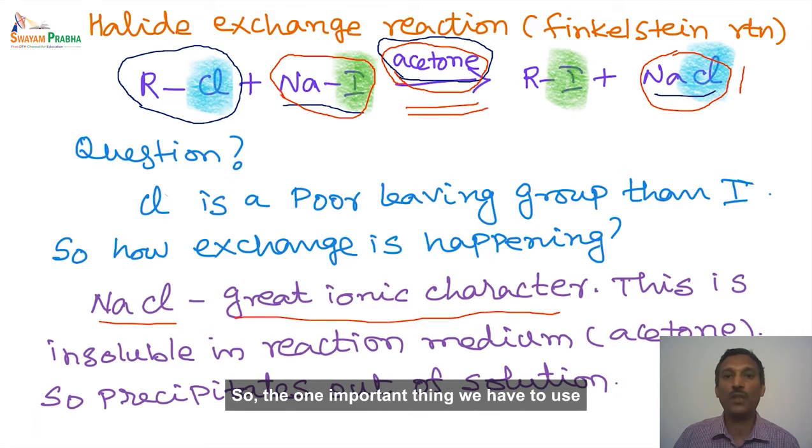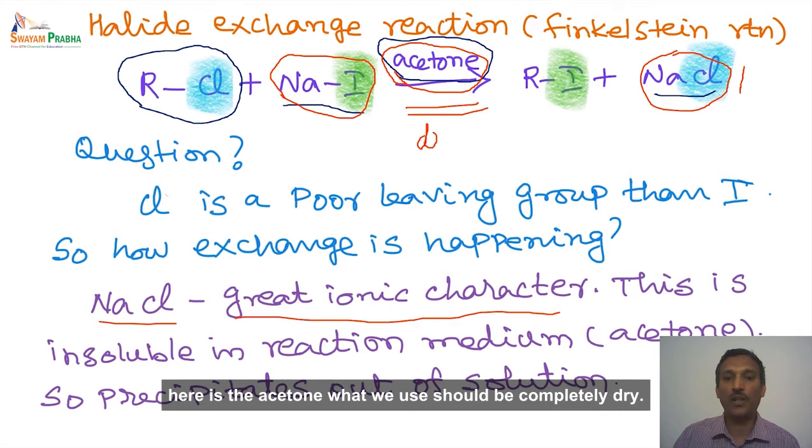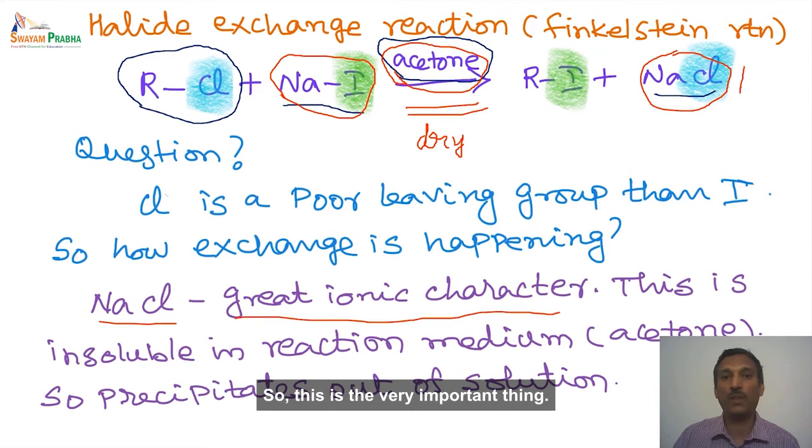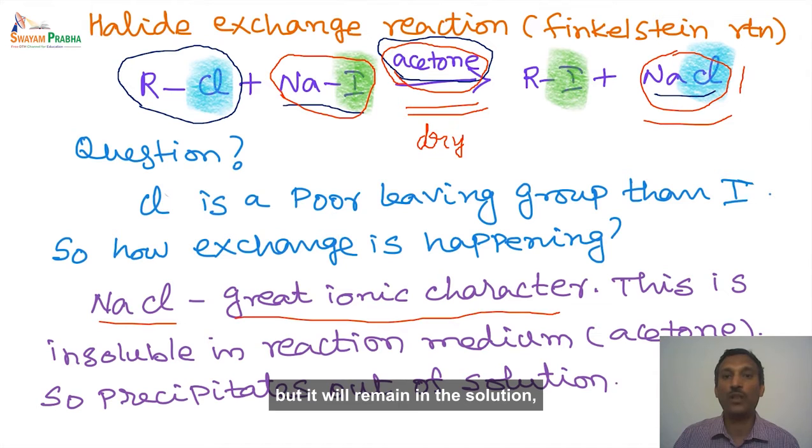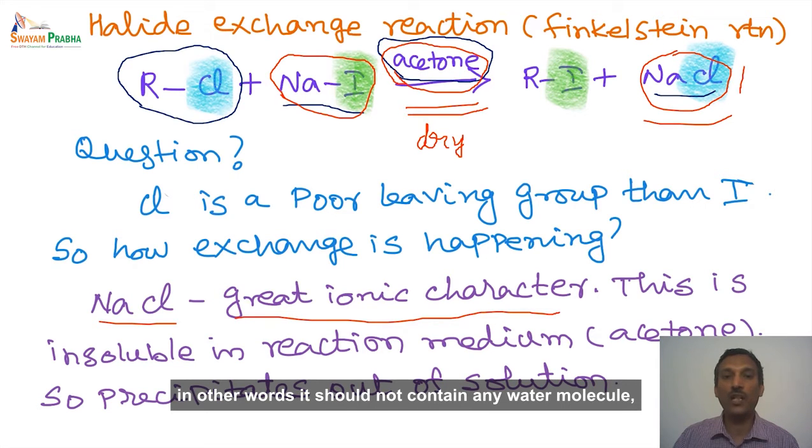The one important thing is that the acetone we use here should be completely dry. In other words, it should not contain any water molecules. This is very important, because acetone and water are both miscible solvents. If any amount of water is present in the acetone, the sodium chloride will not precipitate out of the mixture, but will remain in solution. That will not allow the reaction to move forward. So one important thing to remember when you conduct this reaction is that the acetone should be completely dry, not containing any water molecules.